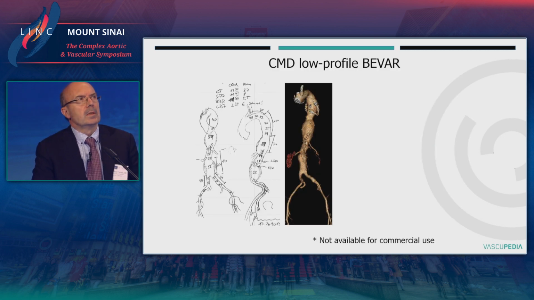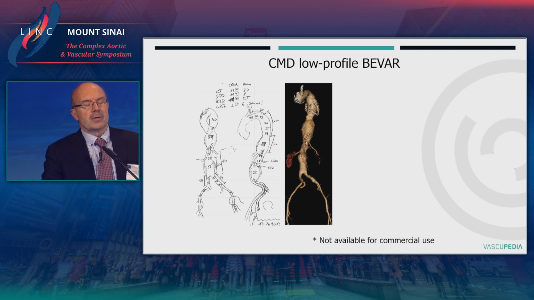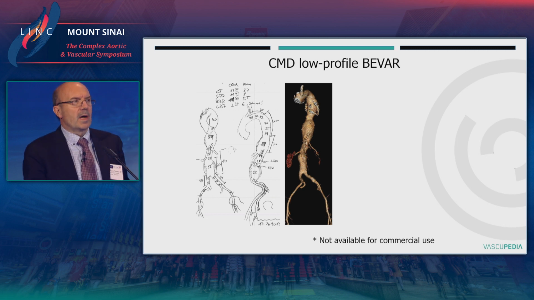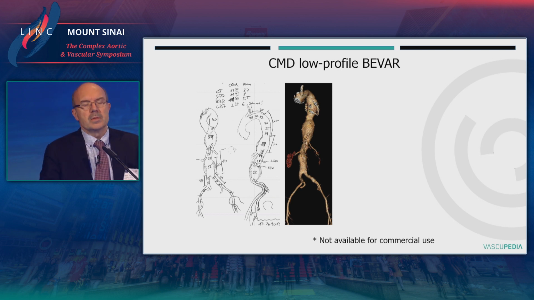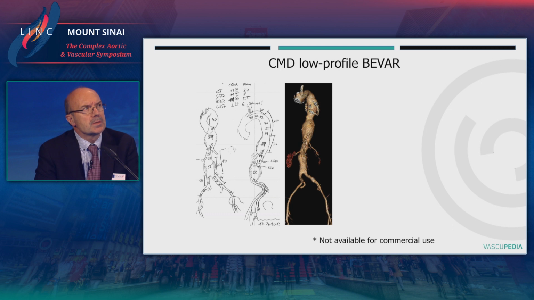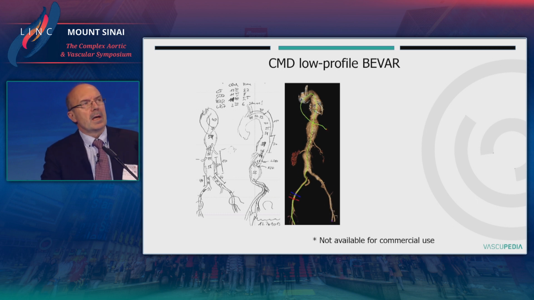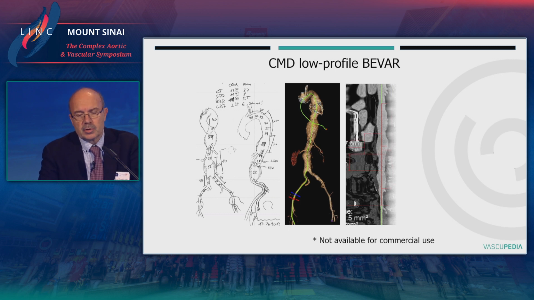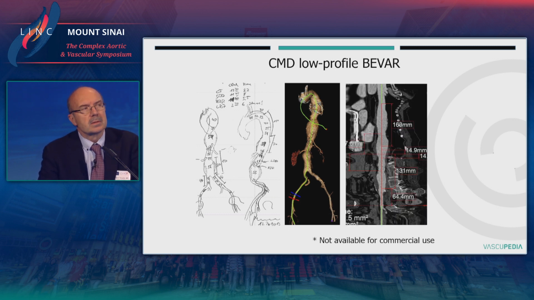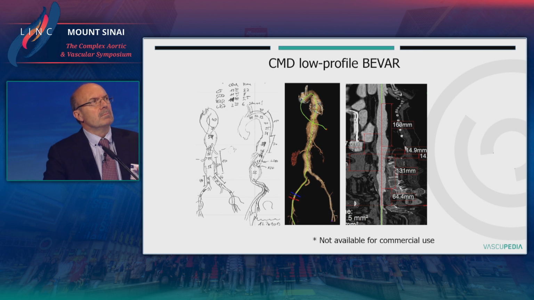I don't know if you have paid attention to the live case. In this live case, a low-profile endograft was used, which is not made by stainless steel metal, but by nitinol, reducing the profile down to 18 or 20 French, which is extremely important so that we don't have to exclude so many patients.